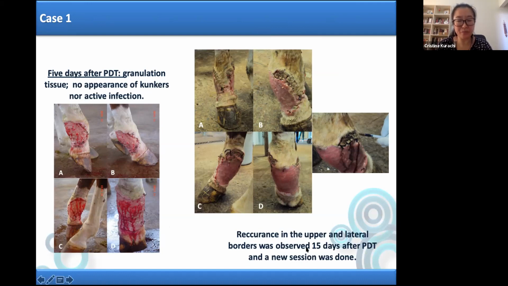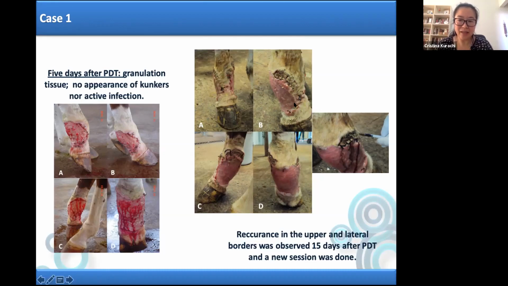Unfortunately, 15 days after this first PDT session, we had a recurrence of the lesion. In fact, that is a non-treated part of the lesion. Those are the cankerous aspects that we have with Pythium insidiosum in horses.